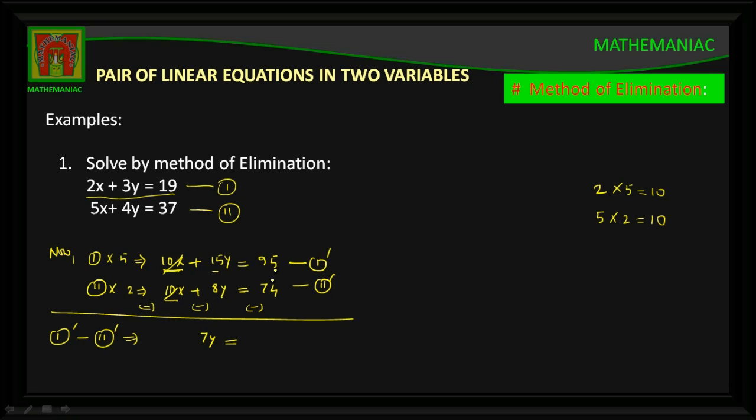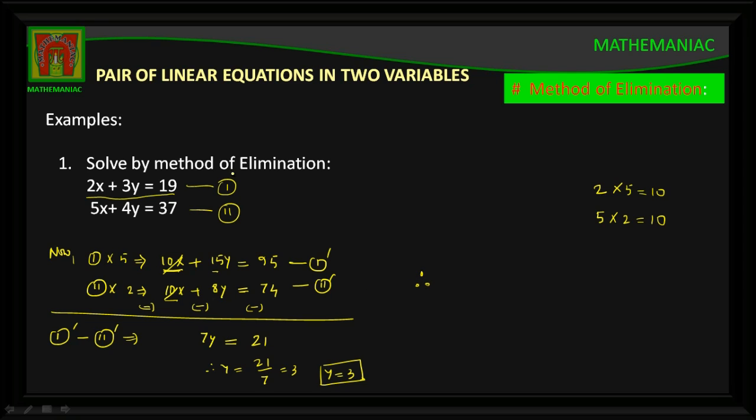Great. Then 95 minus 74. How much you will get? It's 21, right? So y equals 21 by 7. That gives you 3. So ultimately where you will end up is the value of y. Great.